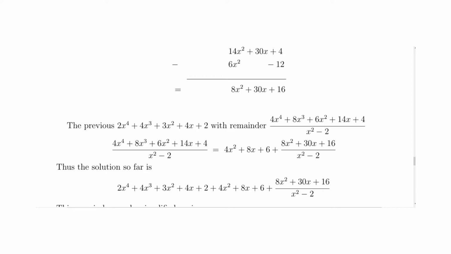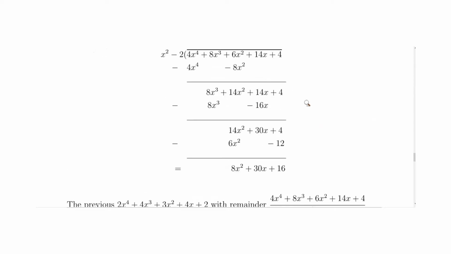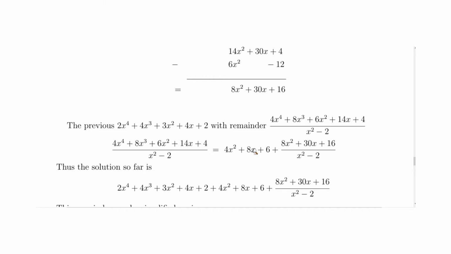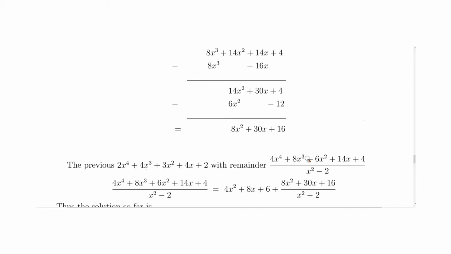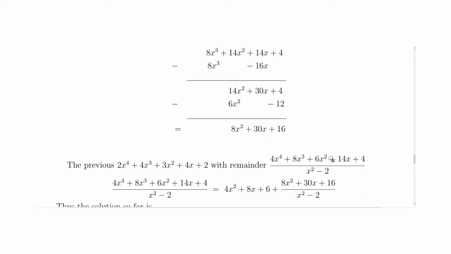So let's go and show you where those all are again, so you can see that. 8x squared plus 30x plus 16, that's there. This is the quotient of the calculation of this one, which is there, 4x squared plus 8x plus 6, and x squared minus 2, that's our denominator, which we just keep working with all the time.